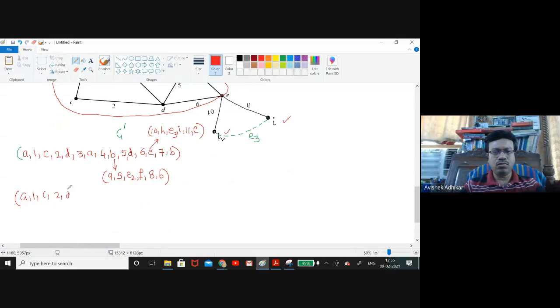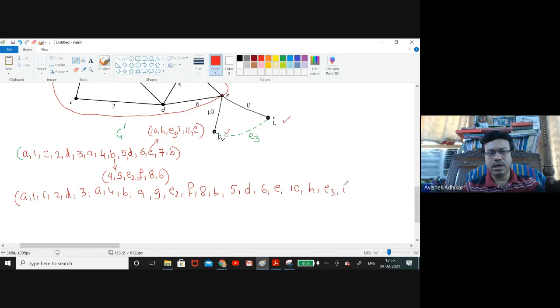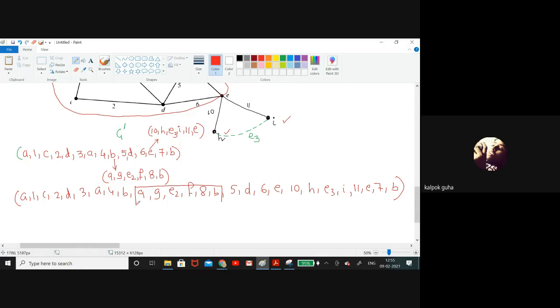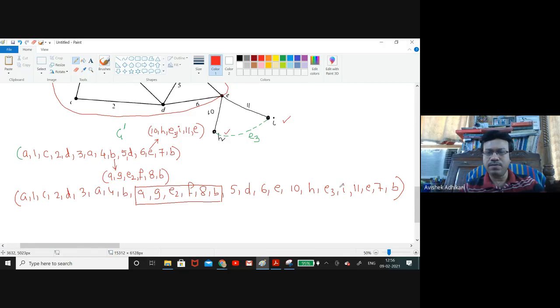A1, C2, D3, A4, B, then 9, G, E2, F, 8, B, and then again 5, D, 6, E, then 10, H, E3, I, 11, E, and then 7, B. Now you can see that out of this, 4B, B, then 9 up to B is your new addition, and from here after E you have this, your new addition, right?